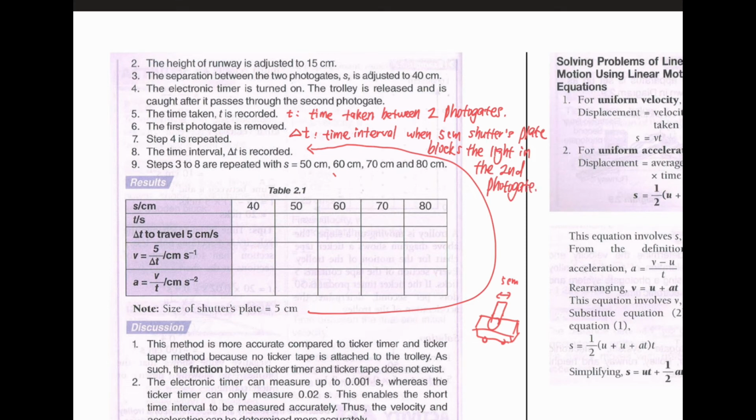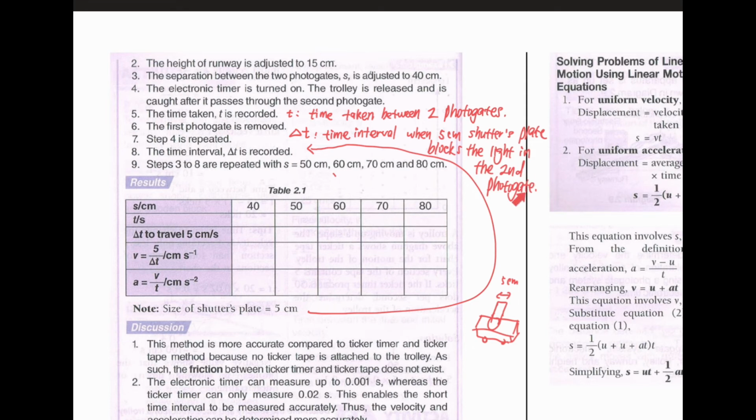That's why we have a second piece of information here, which is delta t. Delta t is the time interval when the 5 cm shutter plate blocks the light in the second photo gate.